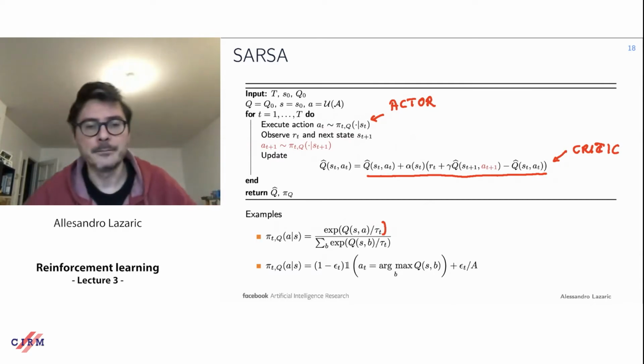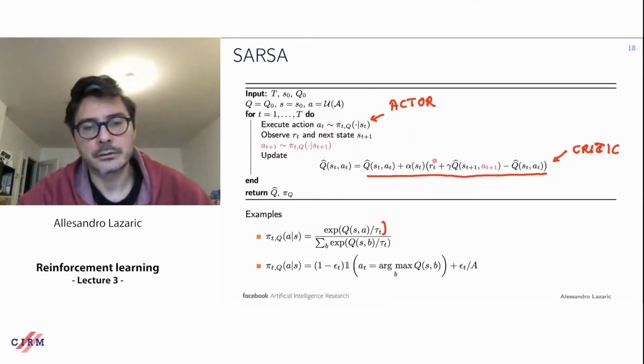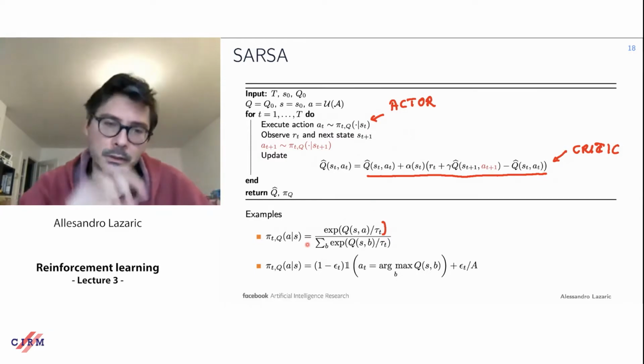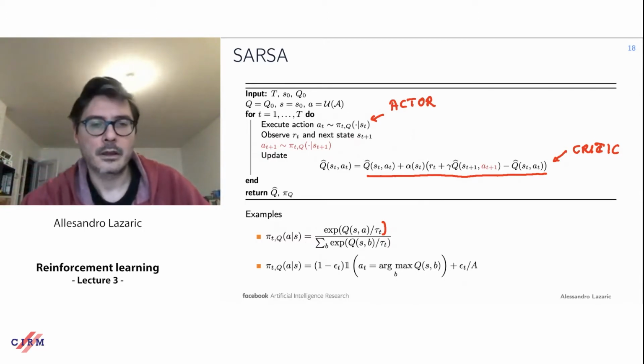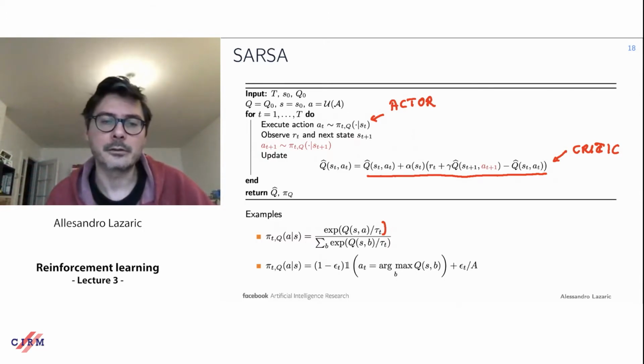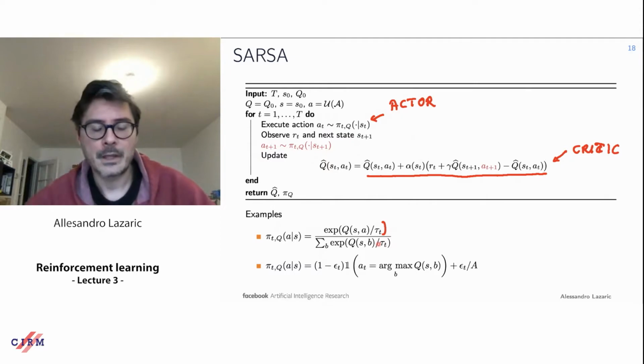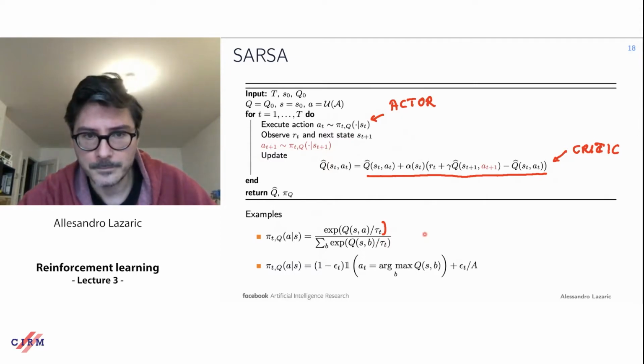So they will not really be computing the actor this way, but they will have a properly set update rule for it, which of course is still guided by the critic, but it's not as explicit as this one.